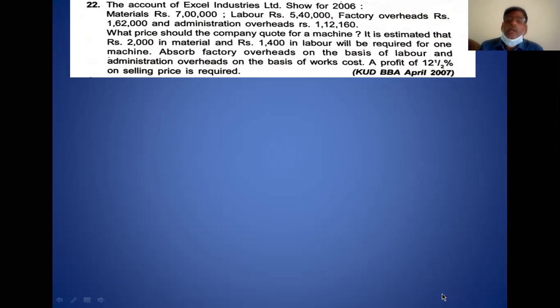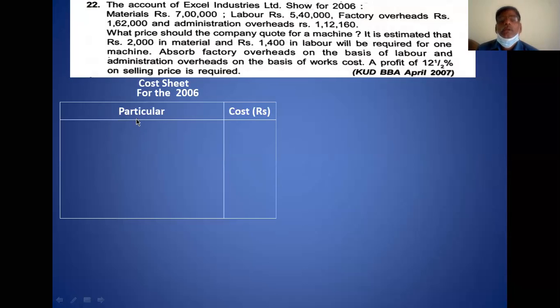Then you can prepare the quotation. You see here, the cost sheet for 2006. This is the simple cost sheet for 2006. There are no major adjustments.